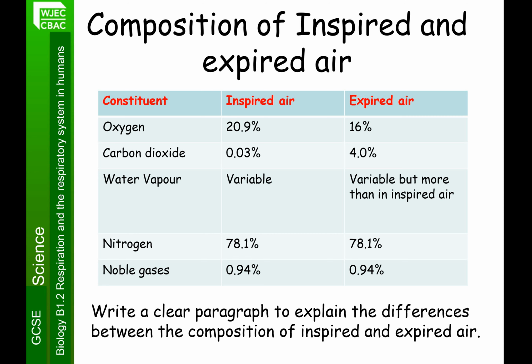When I say explain, I want to know why there is that amount. Then explain the differences: why we have less oxygen in the expired air, more carbon dioxide, more water vapour, but that the nitrogen and noble gases stay exactly the same. So pause the video at this point.